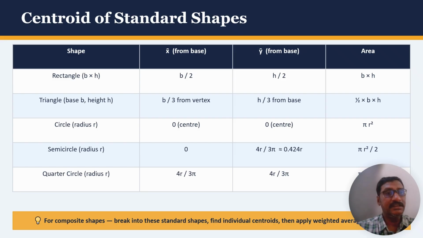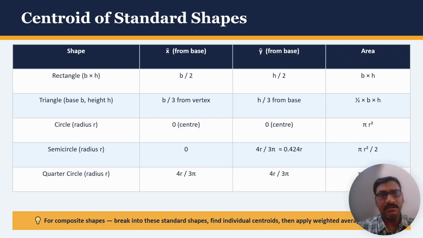So for a right triangle with the right angle at the origin, x bar equals b by 3 from the right angle vertex, and the area equals half b h. And remember, the centroid of the triangle is where the three medians intersect. It is called a centroid in geometry as well.